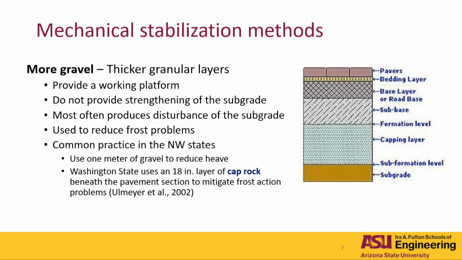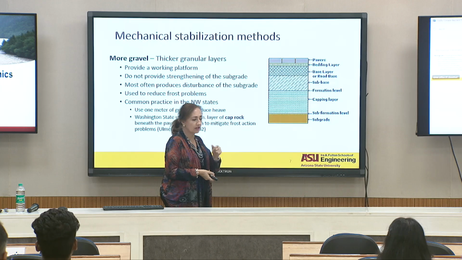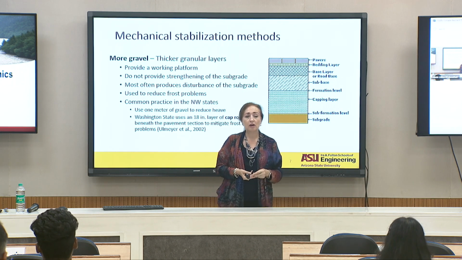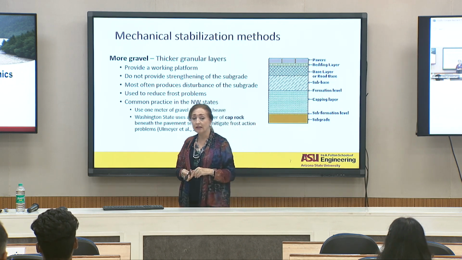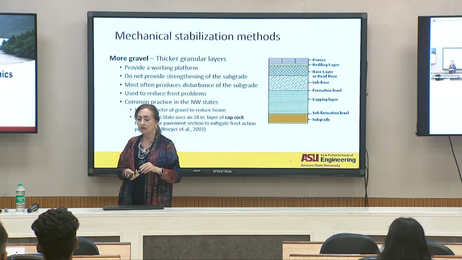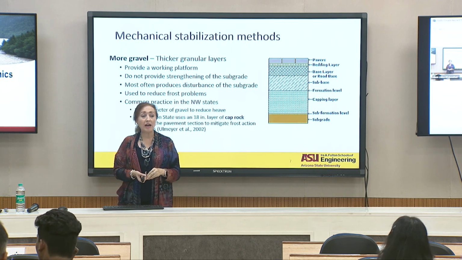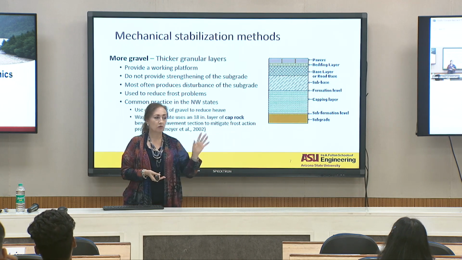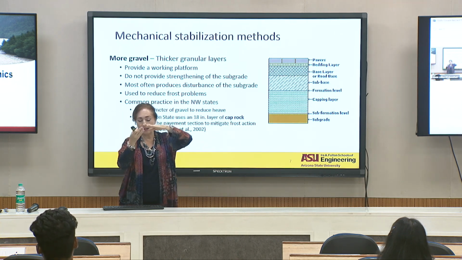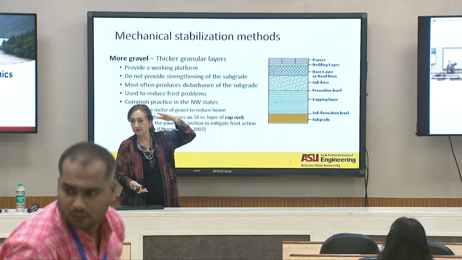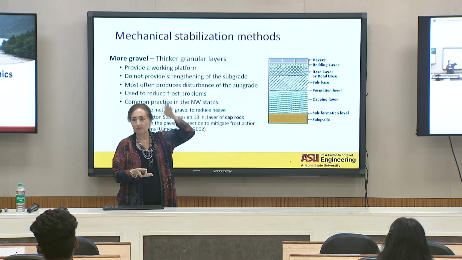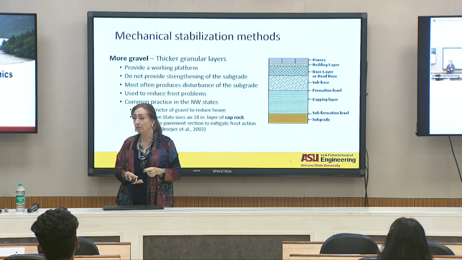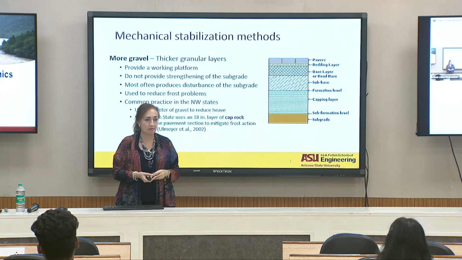It's used to reduce frost problems. A common practice in the Northwest states in the United States is to use 1 meter of gravel to reduce the frost. We don't want to get the frost, so they figure out what the frost depth is, and they put in material that is not prone to swelling or having problems.